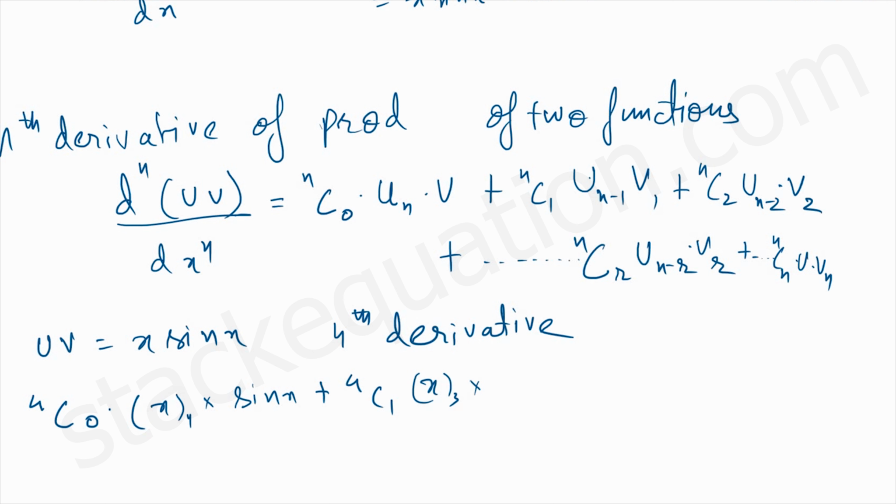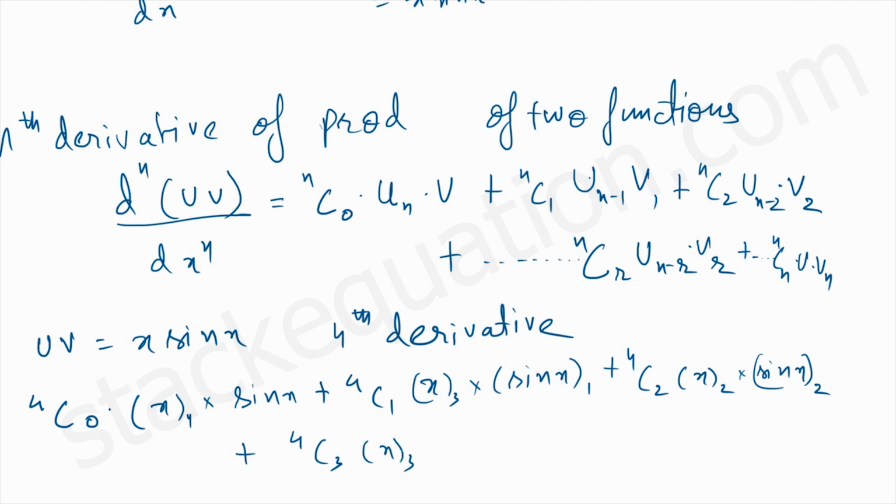into v1, that is the first differentiation of sin x, plus 4c2 and 4 minus 2, that is the second differentiation of x into the second differentiation of sin x, okay, plus 4c3, the third differentiation of x into the third differentiation of sin x, plus 4c3 into u^(n-r), that means 4 minus 3.